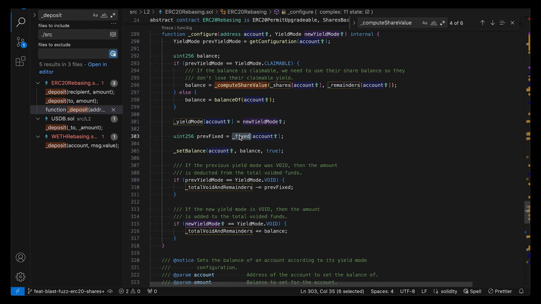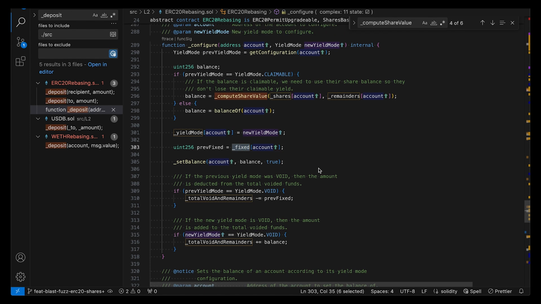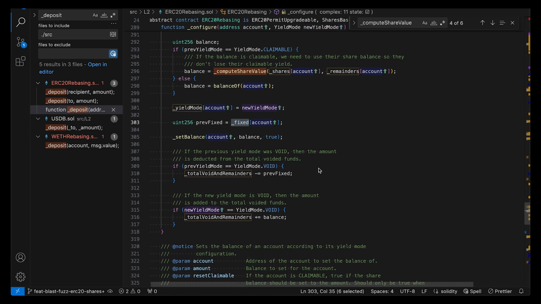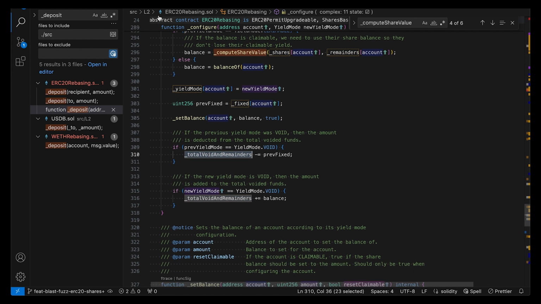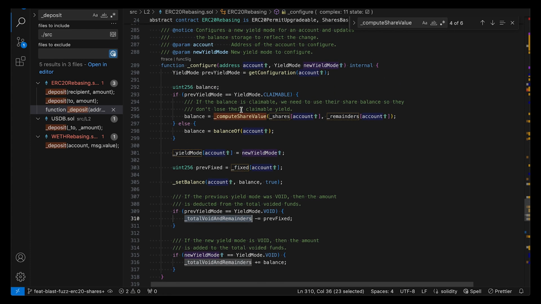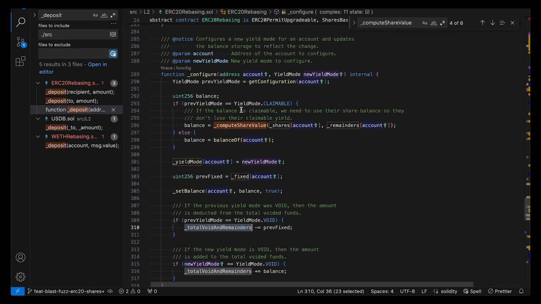But that's also why the account uses this fixed storage variable, because the people that opt into the void mode actually have a separate storage slot, although the sum of their remaining shares is accrued here in this total void and remainders. So just the sheer complexity definitely led me to want to investigate this.